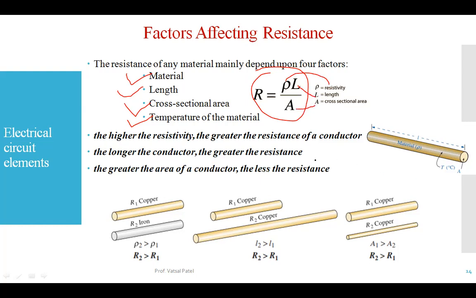So in the example given over here with these different diagrams, if you have a higher resistivity, can we say that the resistance of the conductor is higher? Because R is proportional to what? The resistivity. So if the resistivity is higher, can we say that the resistance of that material is also higher?